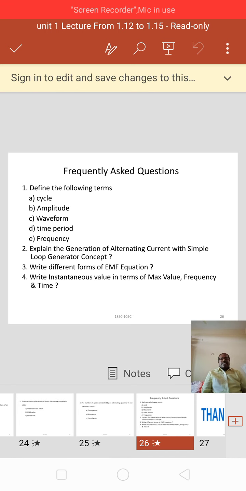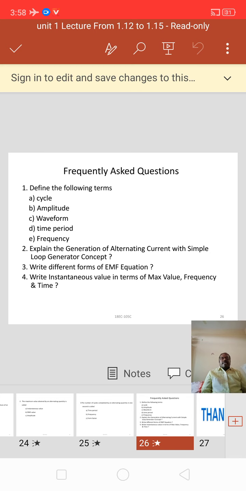Second question, explain the generation of alternating current with simple loop generator concept. Third question, write different forms of EMF equation. Fourth one, write instantaneous value in terms of maximum value, frequency and time period. These are the frequently asked questions in these topics.